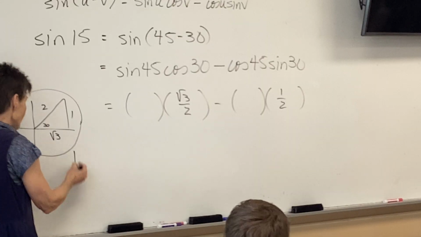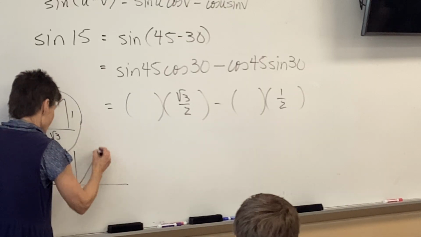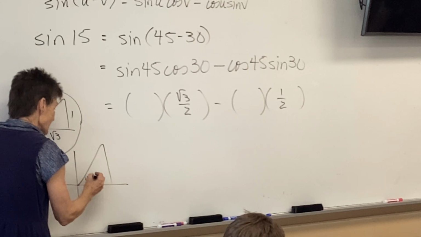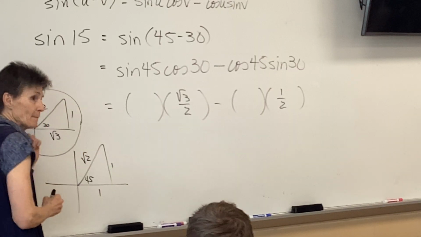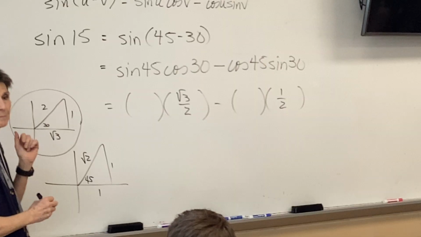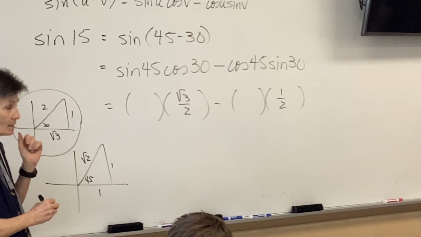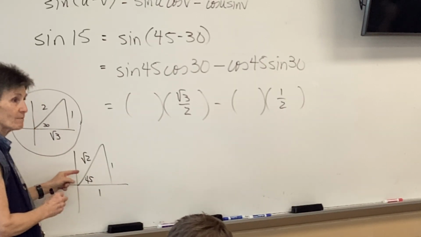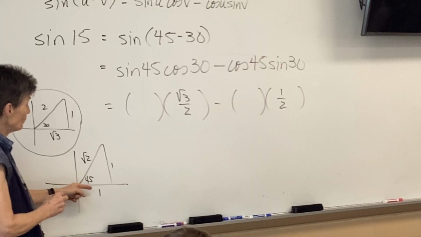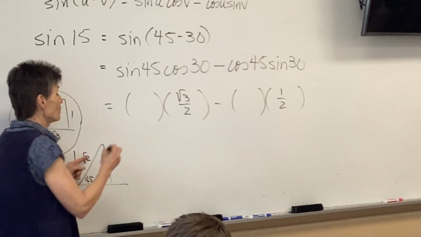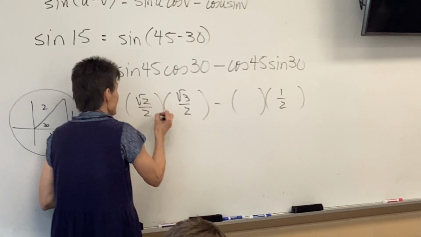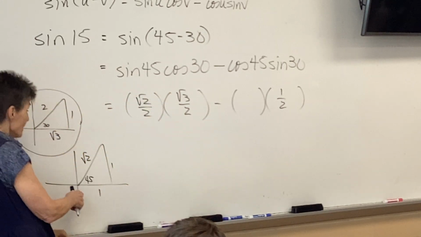And now I have to do 45. So remember the sides of a 45 are 1, 1, root 2. Right? So I want the sine of 45. That will be 1 over root 2, which I'm going to write as root 2 over 2 this time since I'm doing arithmetic.